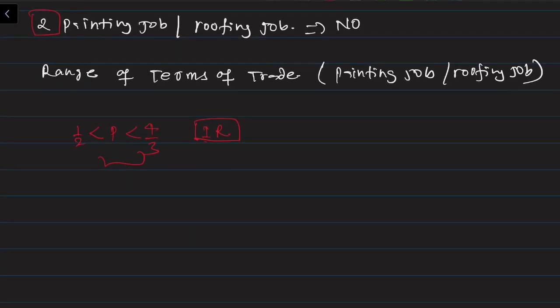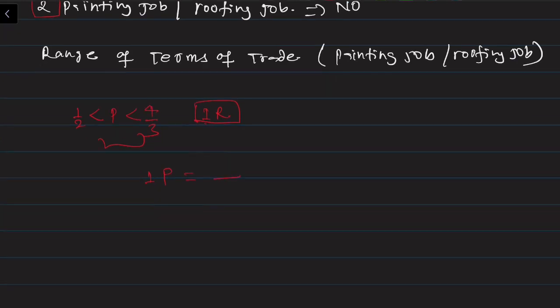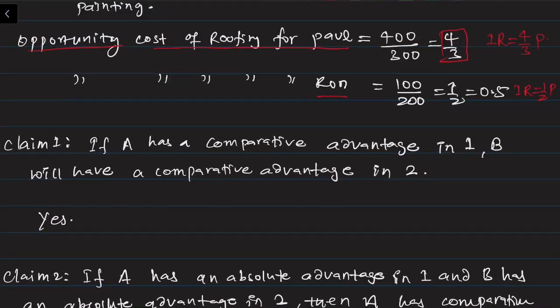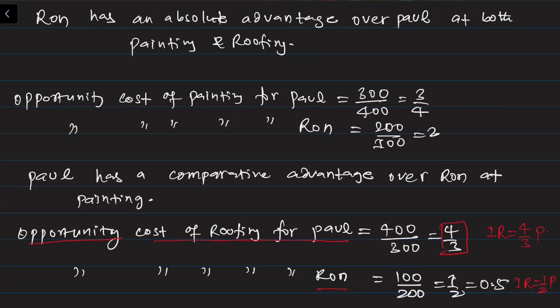Similarly, we can find out the range for roofing per painting. We can calculate this one as well. So again, let's go back to the opportunity cost. Here we can see that the opportunity cost of painting for Paul is 3/4, and the opportunity cost of painting for Ron is 2.